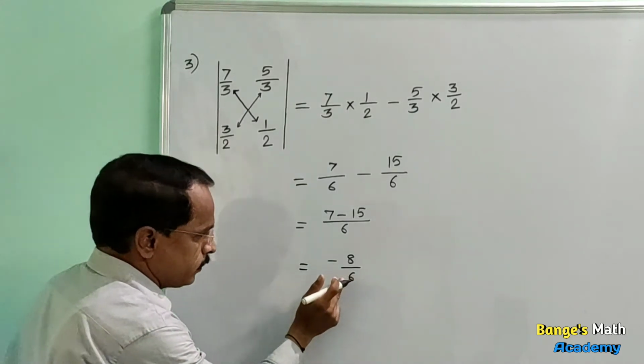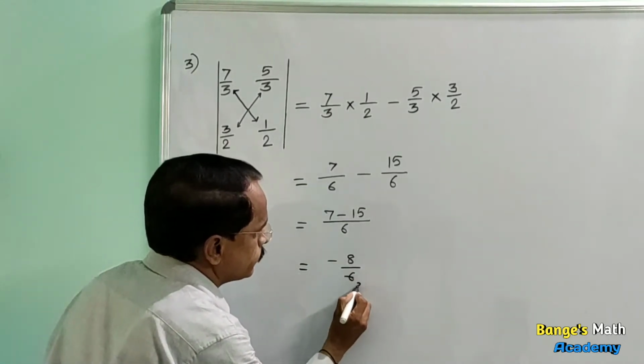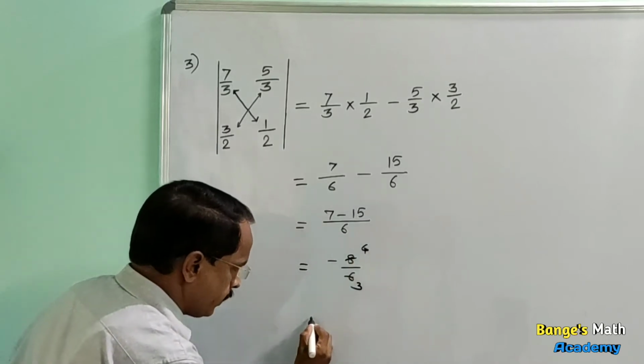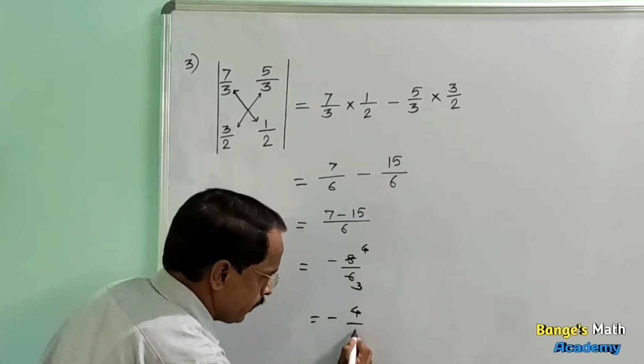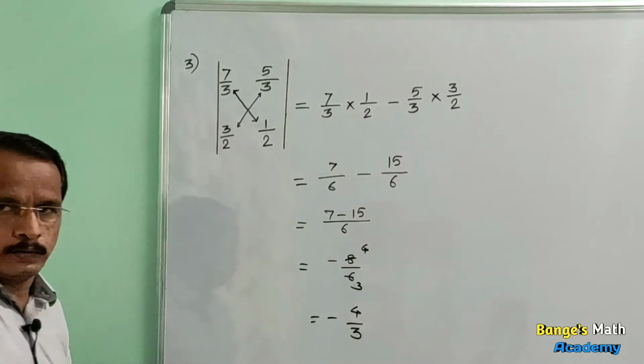By cancellation, 2 3s are 6, 2 4s are 8. So the answer will be minus 4 upon 3.